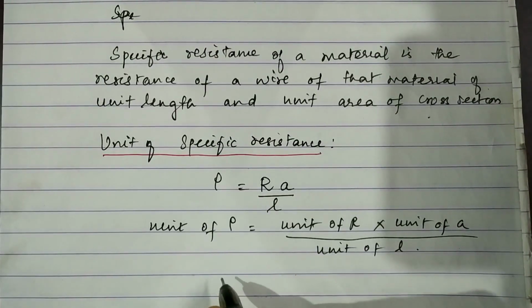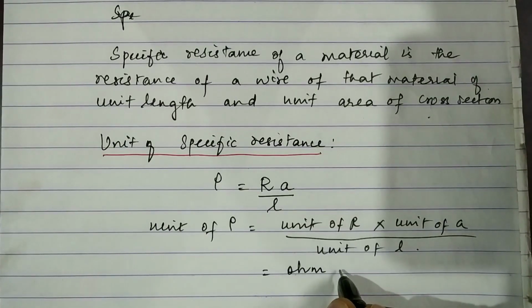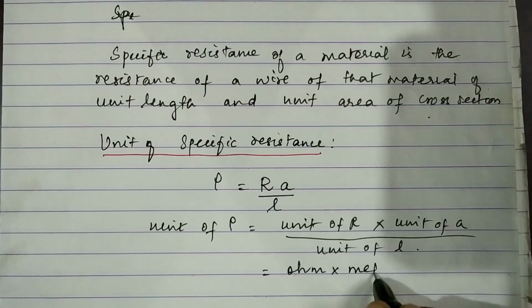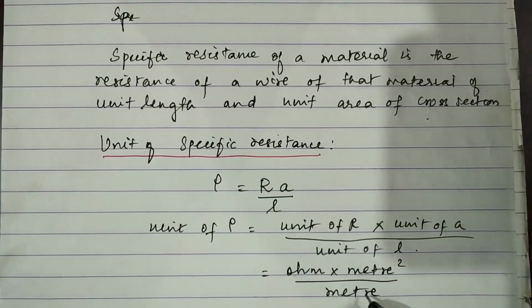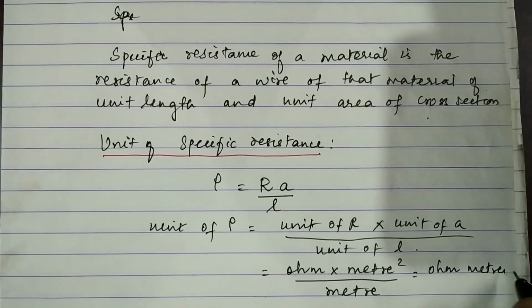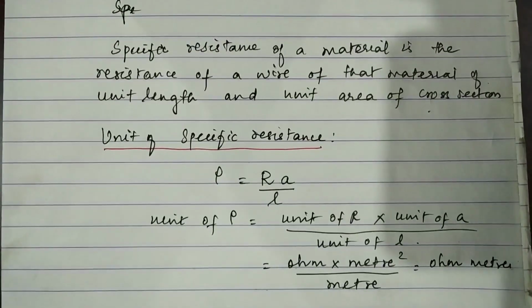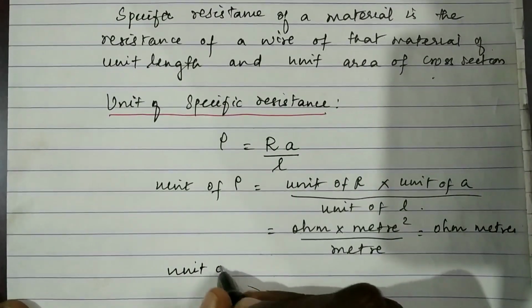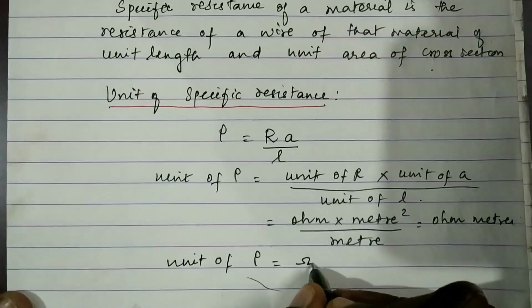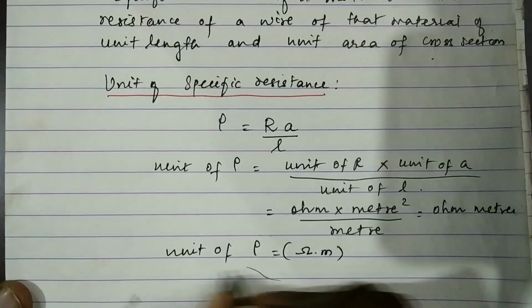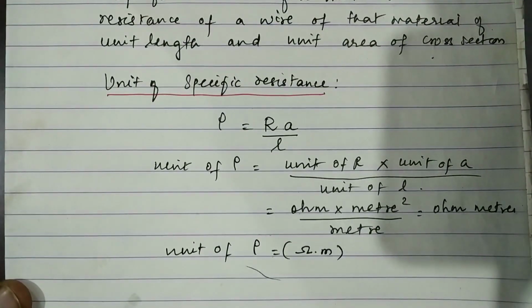So that is ohm into meter square divided by meter, so meter square and 1 meter will get cancelled, so we have ohm meter. This is the unit of resistivity.